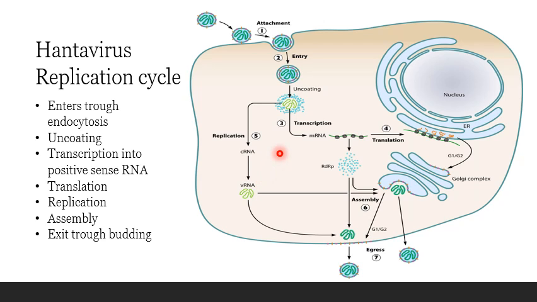What also happens is that it travels through the ER and the Golgi complex, where it does translation and starts building all the new pieces it needs to make more virions. Then it assembles here at the edge of the cell, and it puts its spike proteins on the cell membrane, and then it exits through budding.